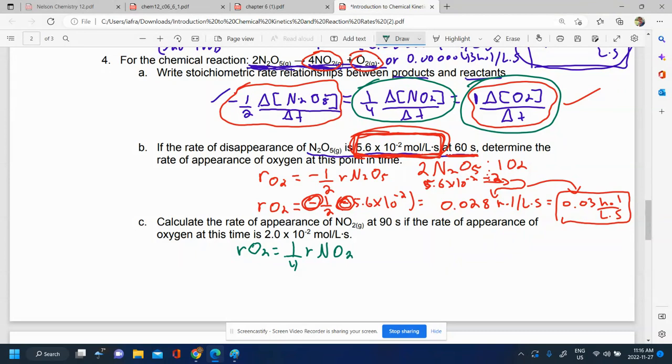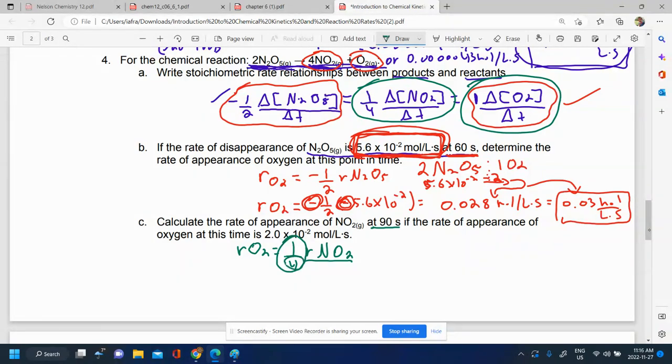And so we want to find what the rate of the NO2 appearance is at 90 seconds, so an instantaneous one. And we have the rate of oxygen production. So essentially we're trying to isolate for the rate of NO2. So this 1/4 here, it's 1 over 4.